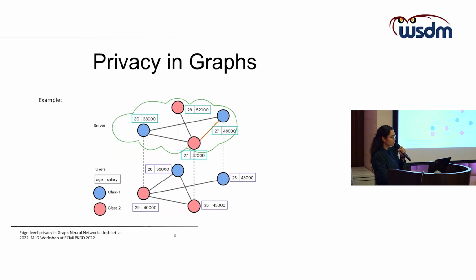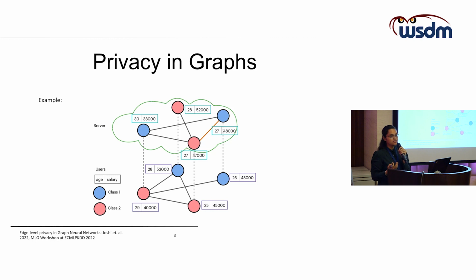And talking about privacy in graphs, we saw how graph neural networks work previously. Imagine a network where we have nodes that represent users, and of course they have connections between them. But the users have private information. As we can see in this example, the age and the salary of the user are something that the users may not want to share with anybody.